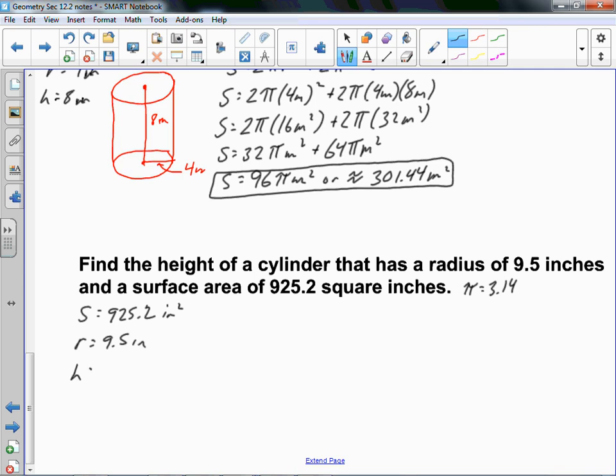And we're trying to find the height. So surface area is 2 pi r squared plus 2 pi r h. So plug in the values we know. Surface area 925.2 is going to equal 2 pi times the radius, which is 9.5 squared, plus 2 pi times the radius of 9.5 times the height.